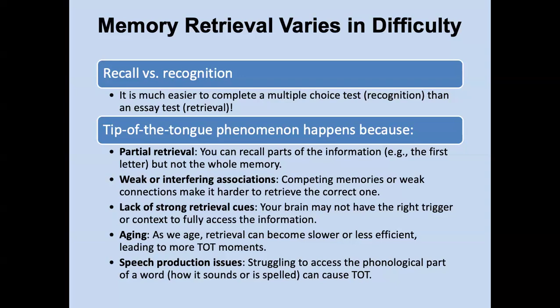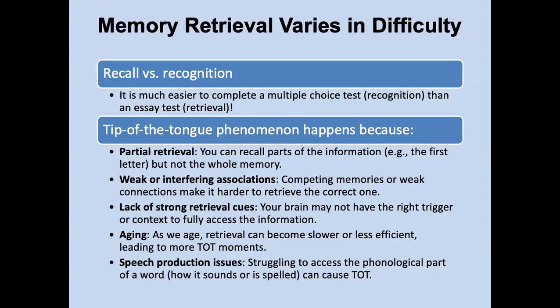And what they want to test you on, if they're refusing to do multiple choice exams, is your ability to retrieve, right? Like how deep is that processing of that information, right? Because you can have a shallower processing and be able to recognize that information, but you're not going to be able to recall it unless you use a deeper process.